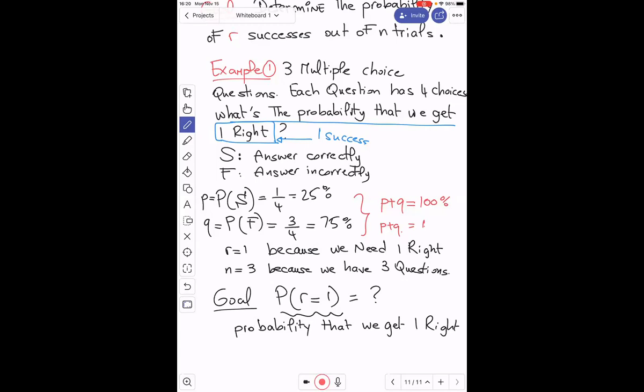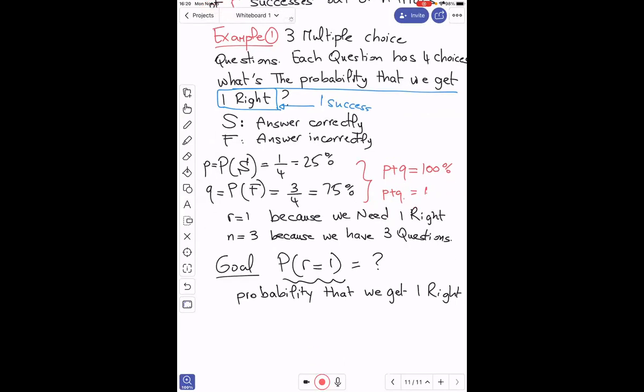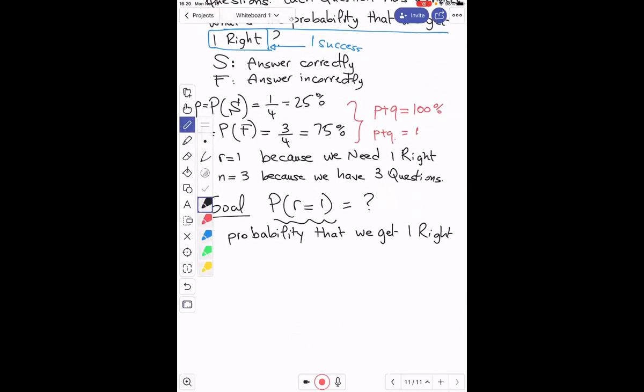So this is just to remind you of the setting, right? We have this probability of success, probability of failure, et cetera. Last time I tried to explain the formula for the binomial distribution.